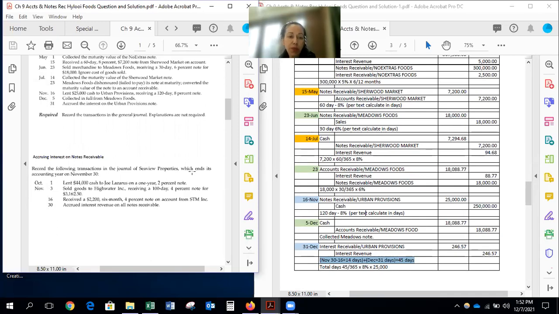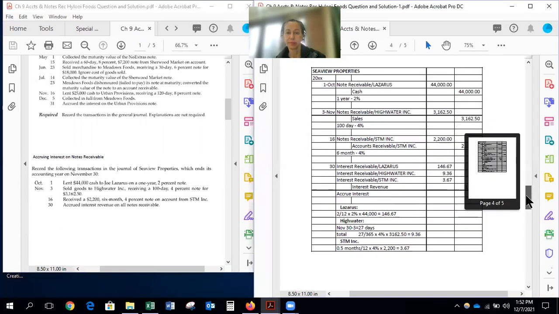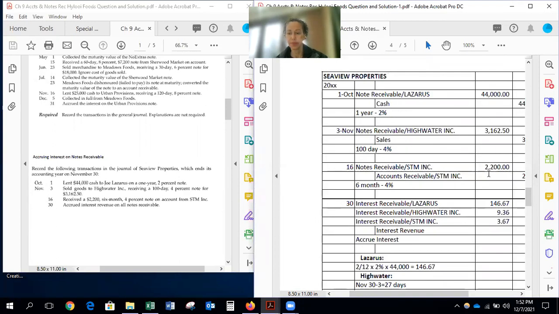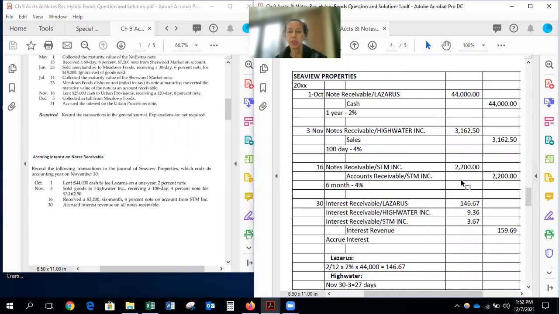So there's 3 notes that we recorded for Seaview. The first one, October the 1st, we've got Lazarus. Okay, and that was, we loaned cash, so our cash went down.